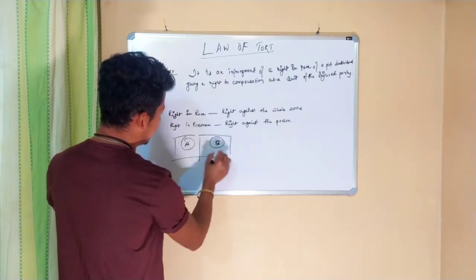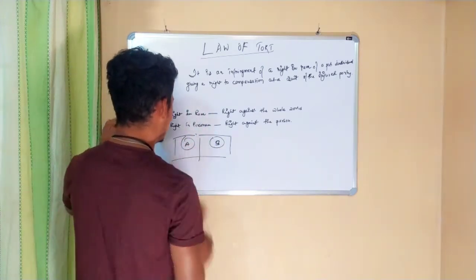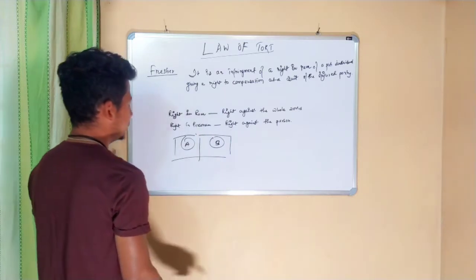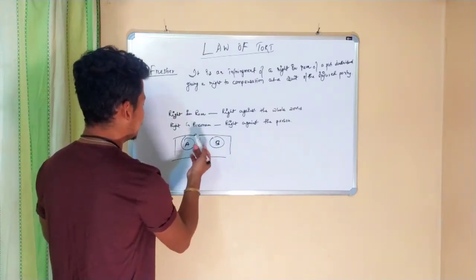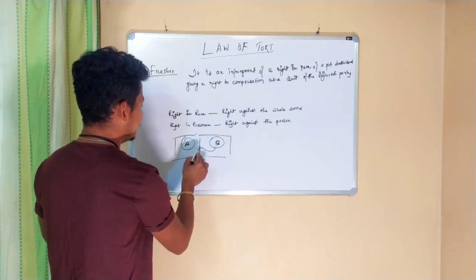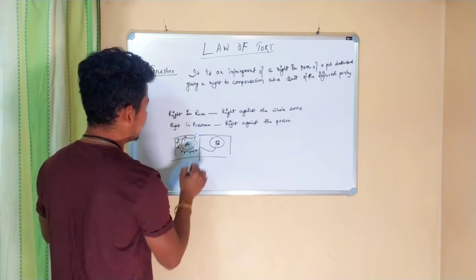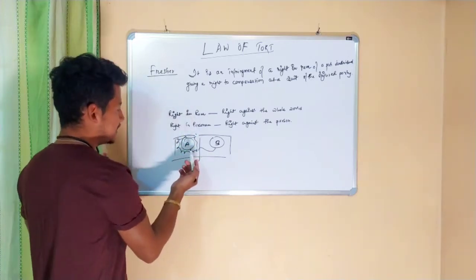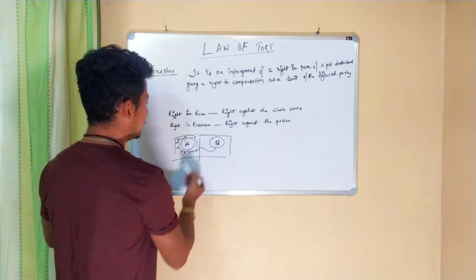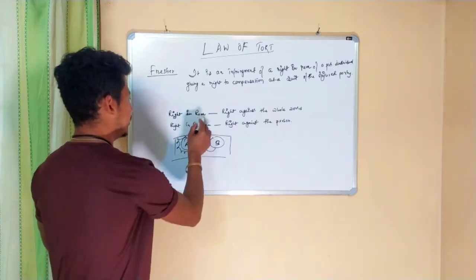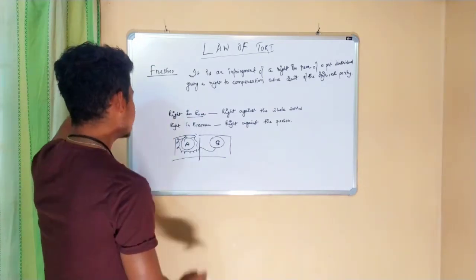They are living differently in a particular area, and A has nothing to do with B, and B has nothing to do with A. There is no relationship between them. But if B, intentionally or without intention, does certain things which harm A, then A will have a right to sue B. That right is called the right in rem, and the law of tort is always the right in rem.